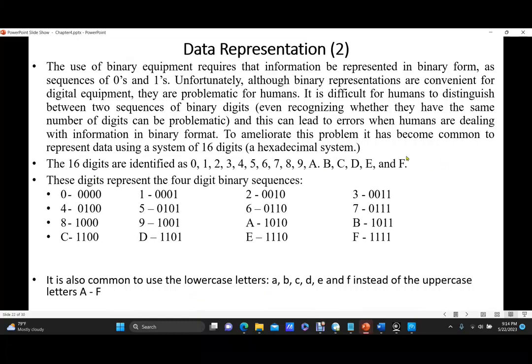These digits can each be represented using 4 binary digits.